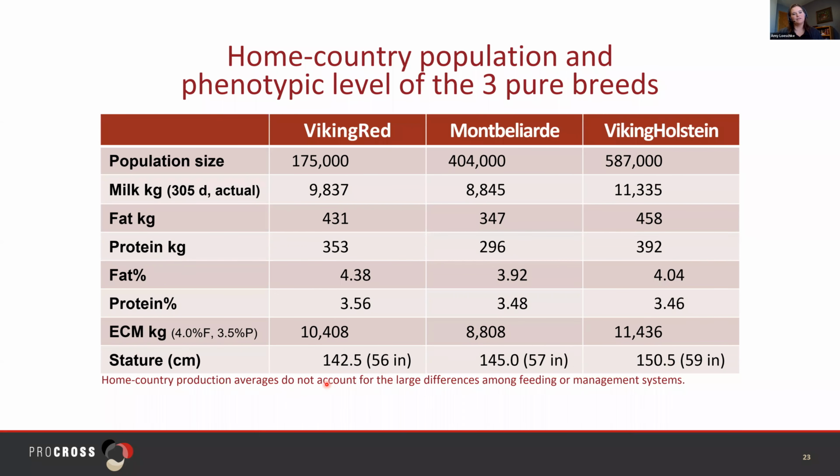They really used to be a very small breed and a lot closer to the Jersey frame size. But in recent years, they've really increased and now are up to 142.5 centimeters or 56 inches for my US audience. So really the idea of small VikingReds is not a problem anymore compared to that concern from maybe 10 or 20 years ago.